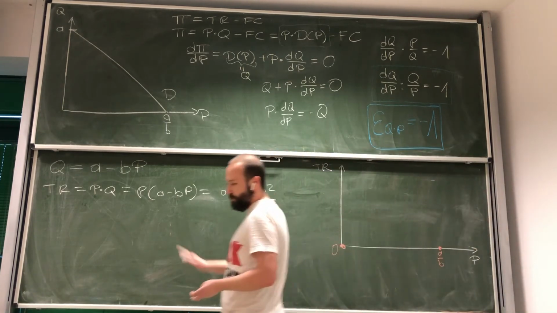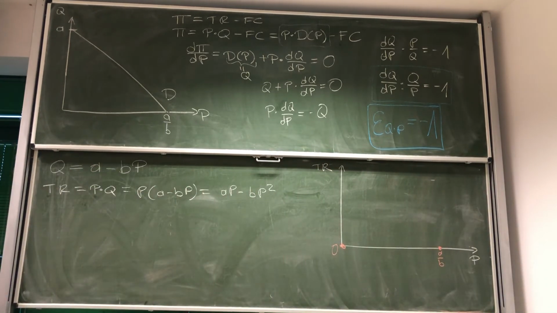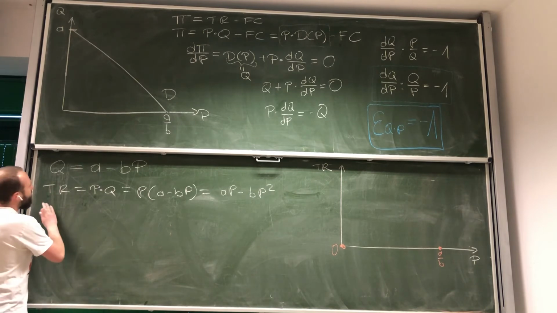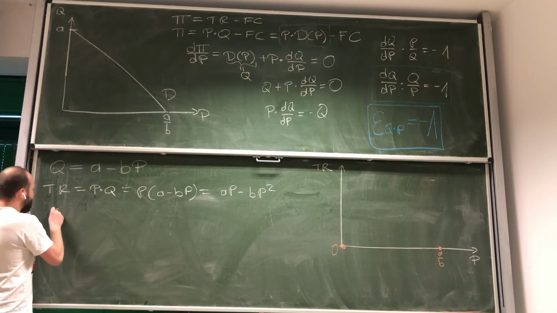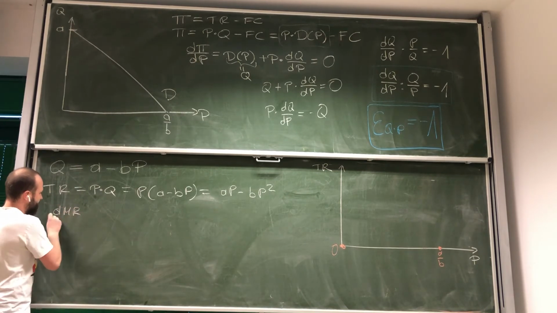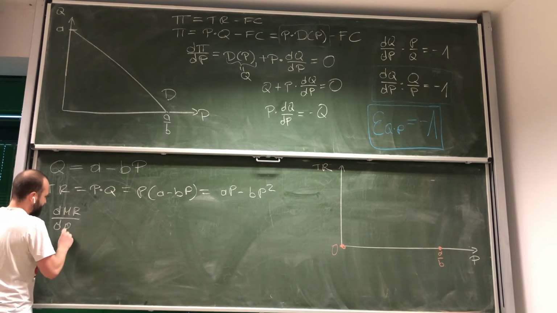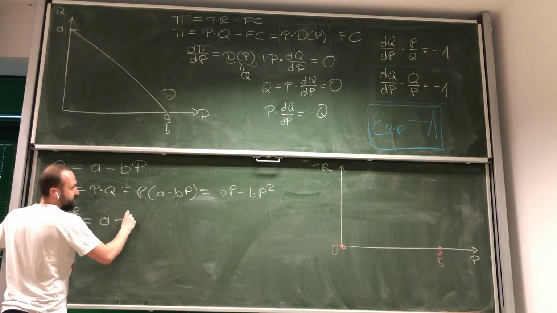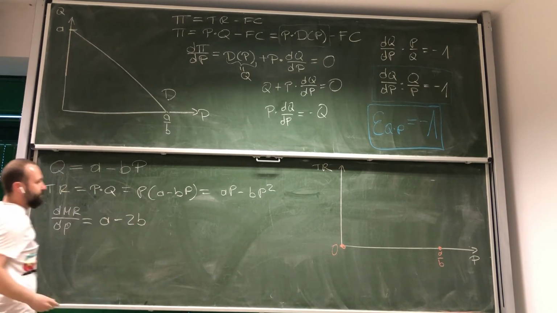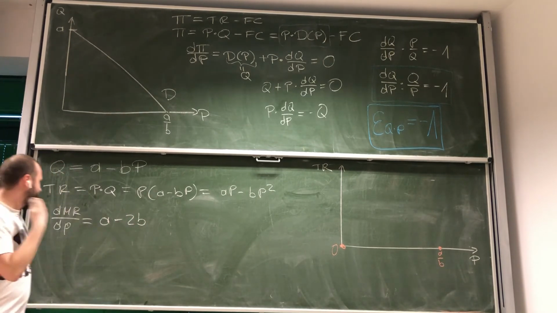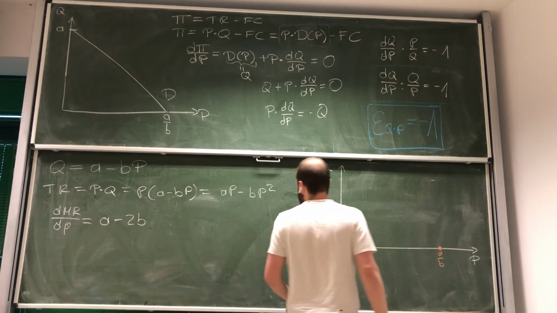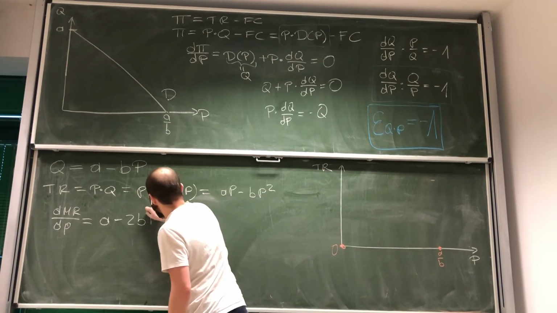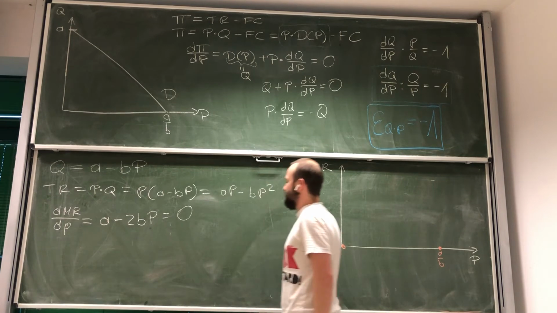Okay, but now let's look for the maximum, right? All we need to do is to find the first derivative of total revenue, this time with respect to price. Okay, so we get that this is A minus 2B times P, right? Then we need to equalize this with 0.